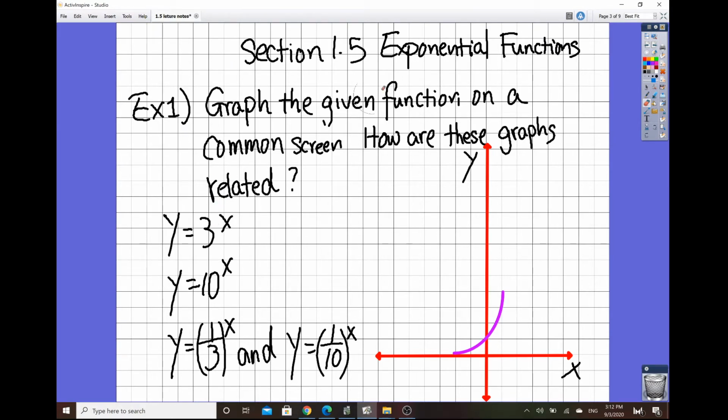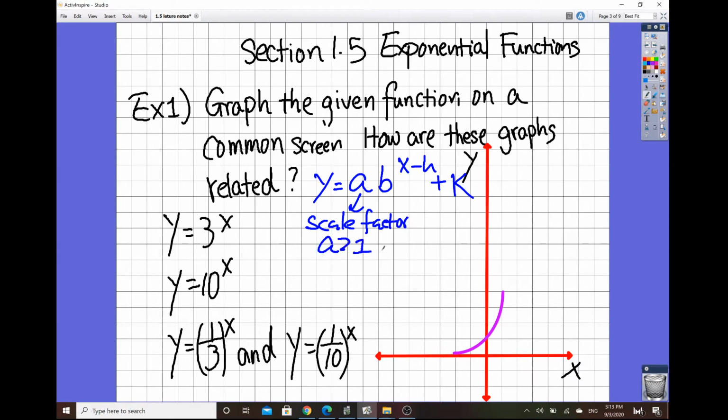Okay, so the first thing you need to understand is the model for the exponential function. The general transformational form is always given as y equals a times the base to the power of x minus h, and then plus k. Again, a is the scale factor, whether it's considered a vertical stretch or horizontal stretch.